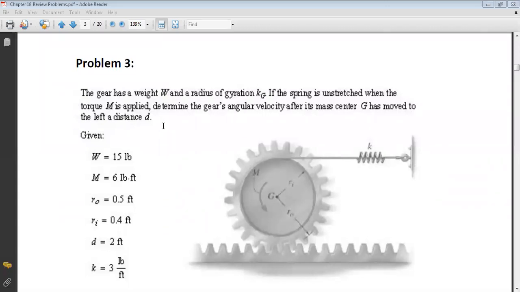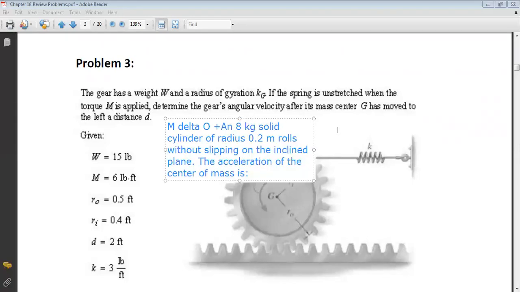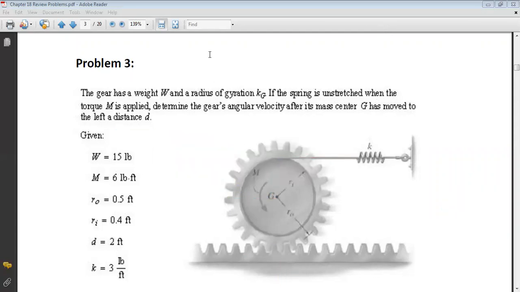The work of the couple will be M times delta theta. And from the other side, I only have the work of the spring, which is given by plus half k delta L1 squared minus half k delta L2 squared. They said that initially the spring is unstretched, so delta L1 is 0.